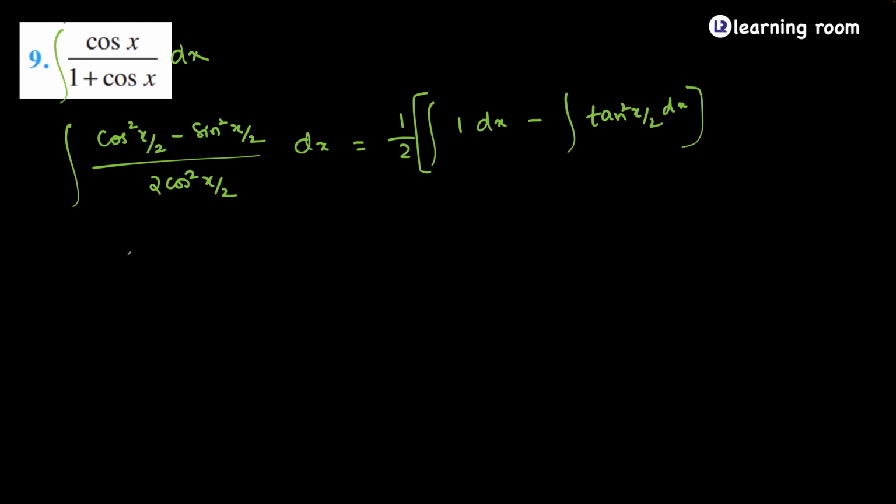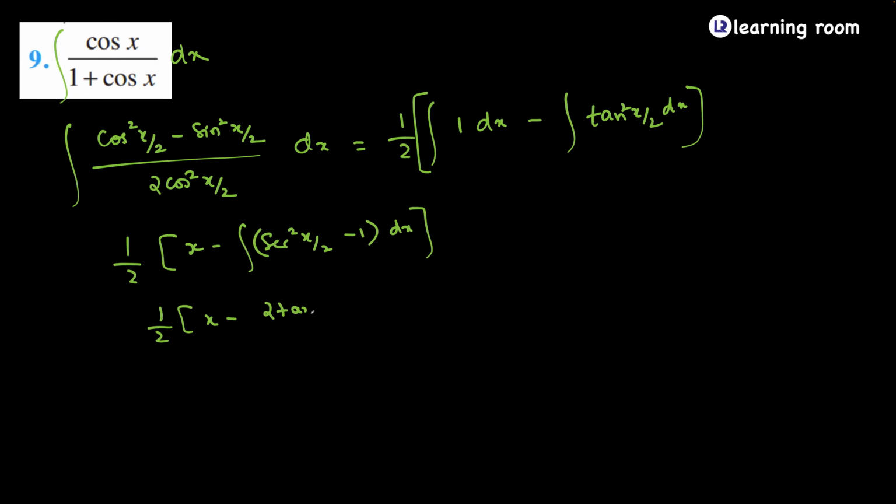Here you will get the answer as half into x minus integral of secant square x by 2 minus 1 times dx. So half of x minus integral of secant square x by 2 is 2 tan x by 2, because it is going to be tan x by 2 divided by half. 2 will go to the numerator. So minus of minus is going to be plus x plus c.